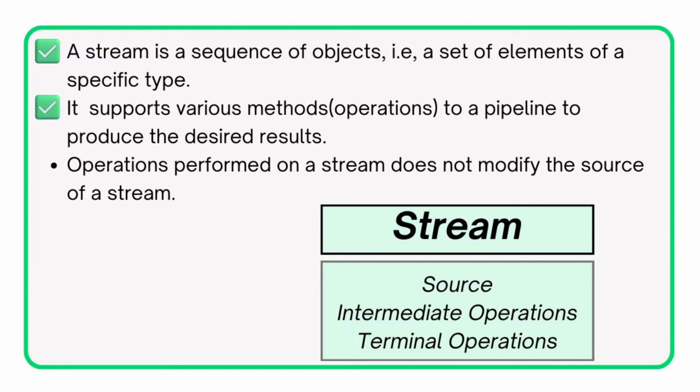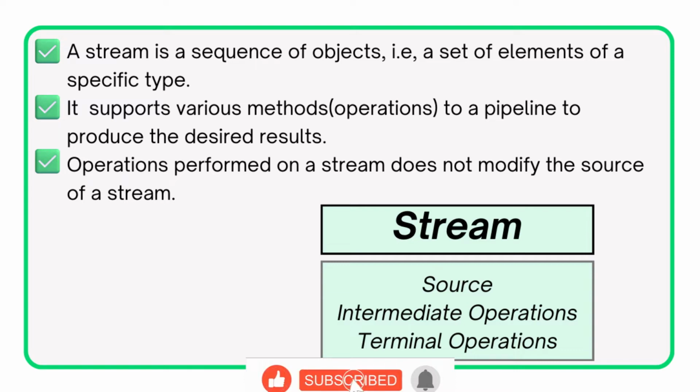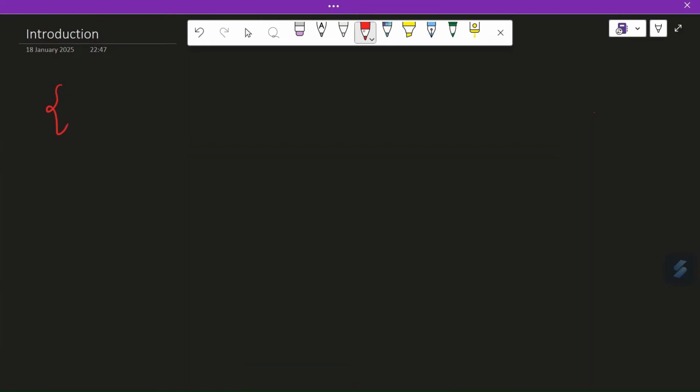Now, it supports various methods, that is, operations like intermediate and terminal, to a pipeline to produce the desired results. And lastly, the operations performed on a stream do not modify the source of a stream. To understand these points, let's take a simple example.